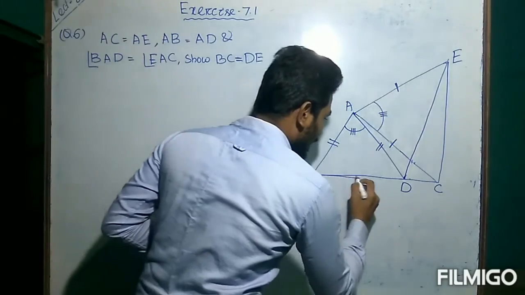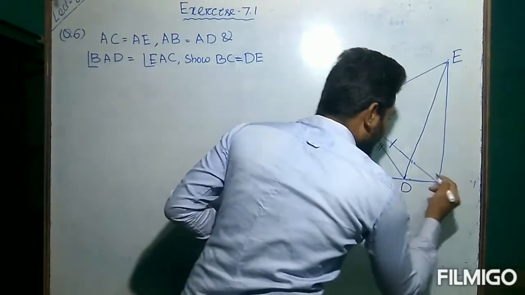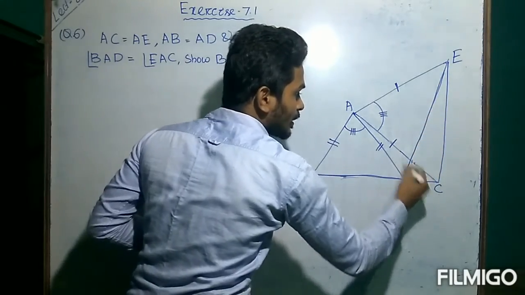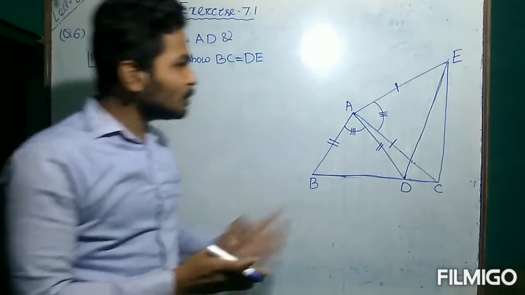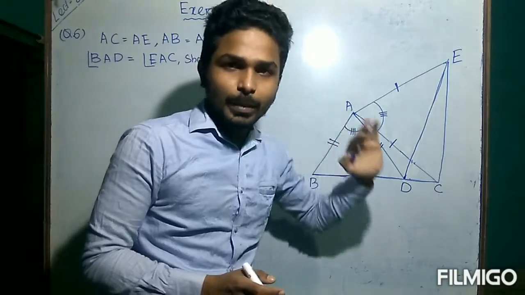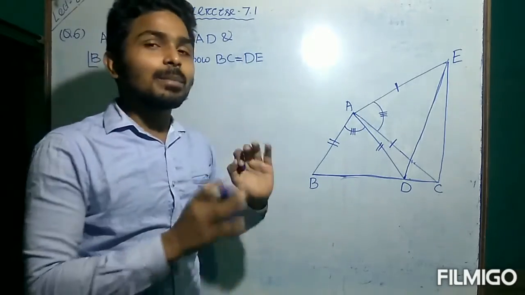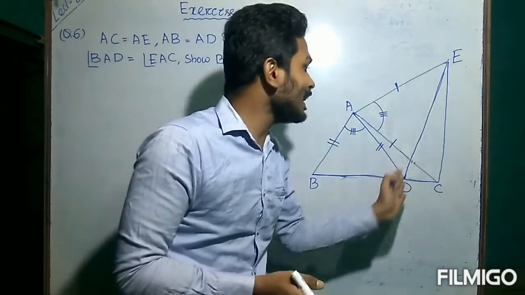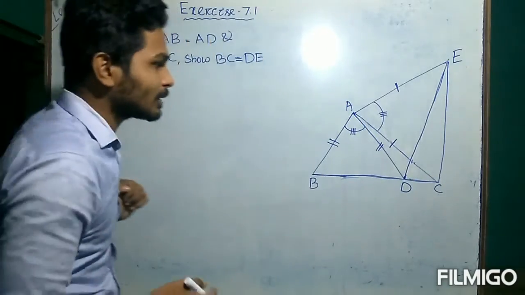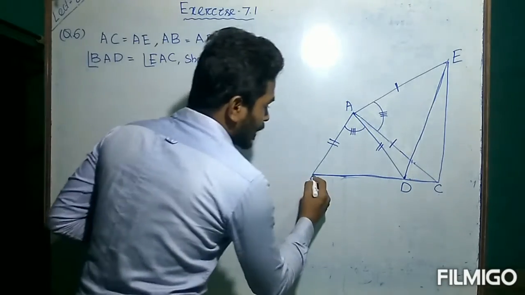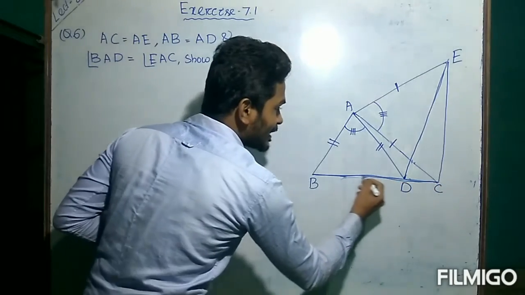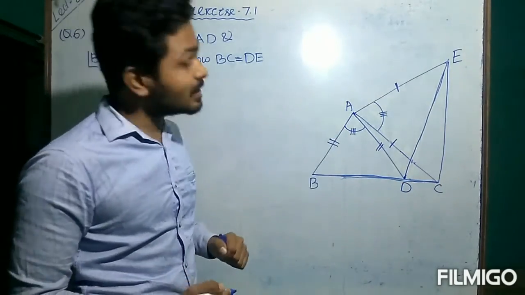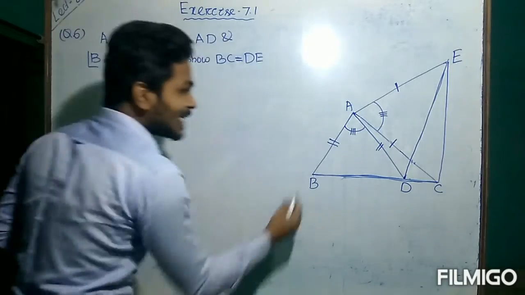BC means this total length BC is equal to DE. DE means this portion. Okay. So in order to prove that BC is equal to DE, first we have to think which two triangles must be taken and they should be congruent so that we will get BC and DE. Now tell me, BC is a side of which triangle?